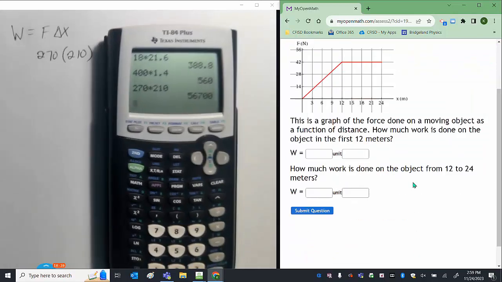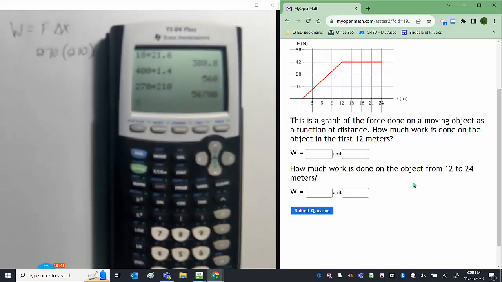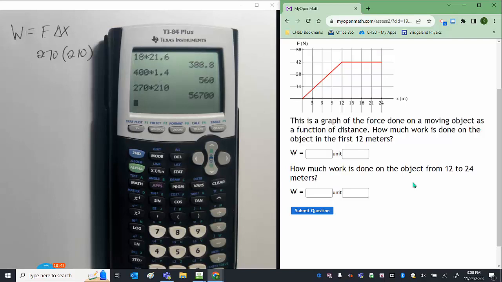Here we have a force-displacement graph. It says this is a graph of the force done on a moving object as a function of distance. How much work is done on the object in the first 12 meters? Look at the axes: force and displacement. My equation for work is force times displacement.